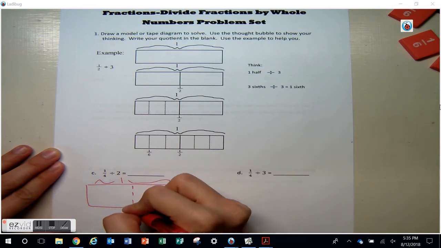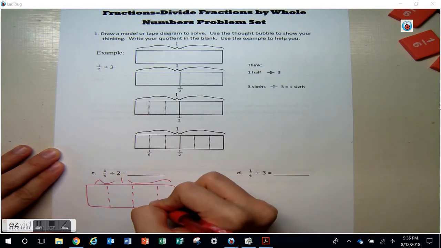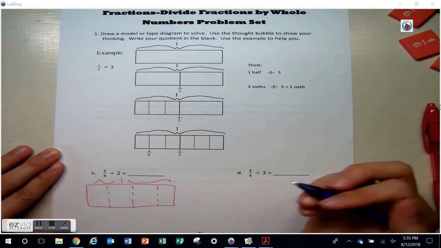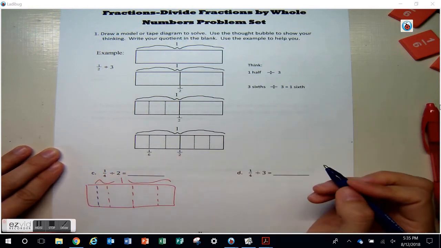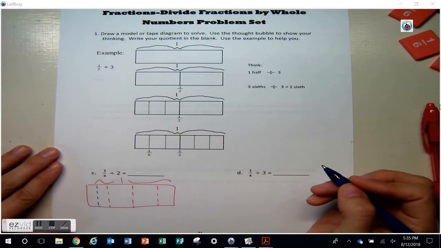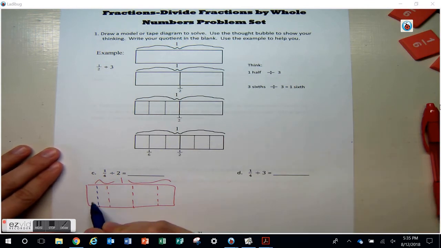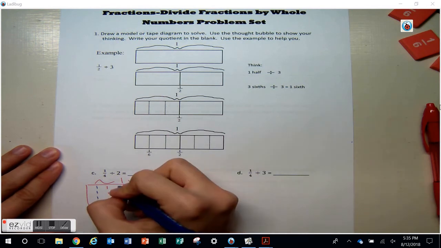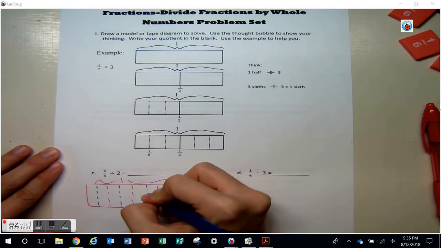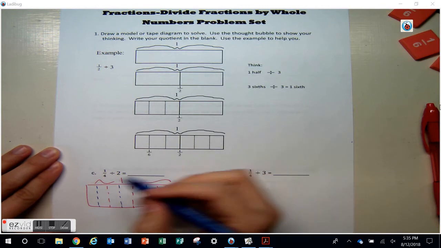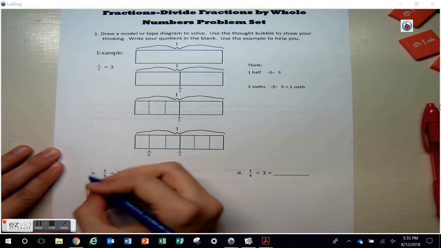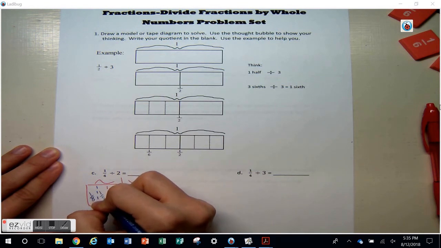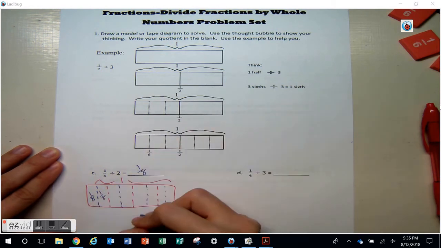I'm going to split that up into fourths. And I'm going to have 2 groups that I'm dividing that fourth into. Well, I want to know how much is in each of these groups. So I'm going to again relate to the whole, and we have 1, 2, 3, 4, 5, 6, 7, 8. So this is 1/8, and this is 1/8. Let's do our check.